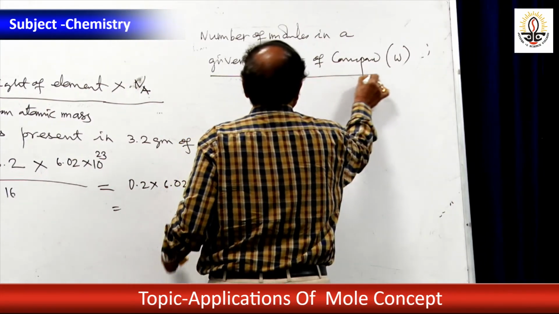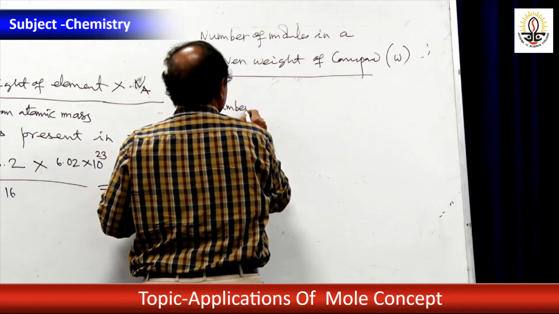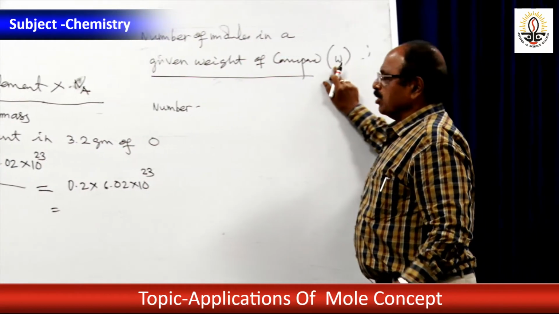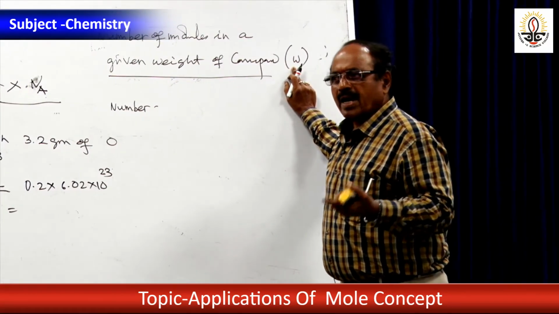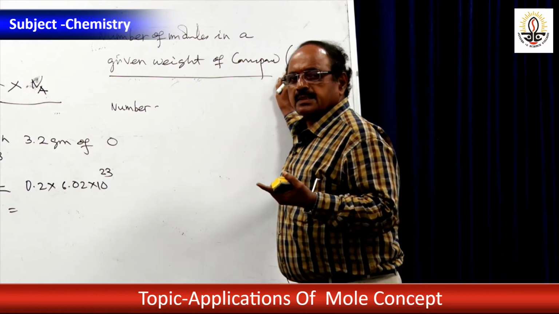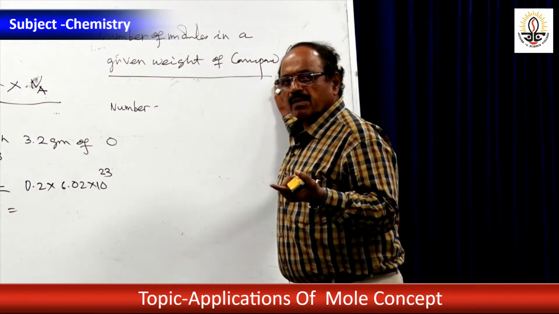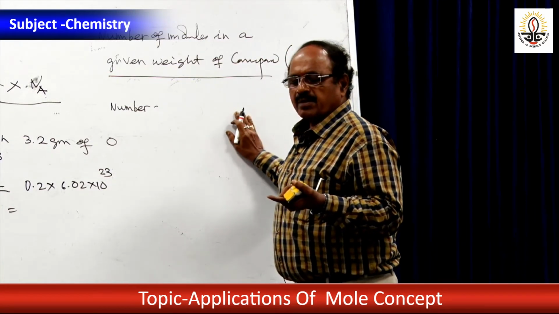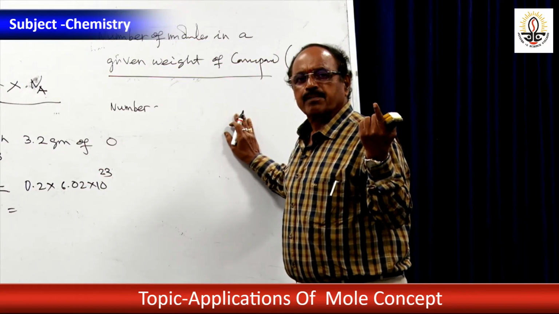So, what will you do? We will convert the mass W into moles. Weight of the substance by gram molecular mass will give us the number of moles, and we will multiply that by Avogadro number. So, we can know how many molecules are present.